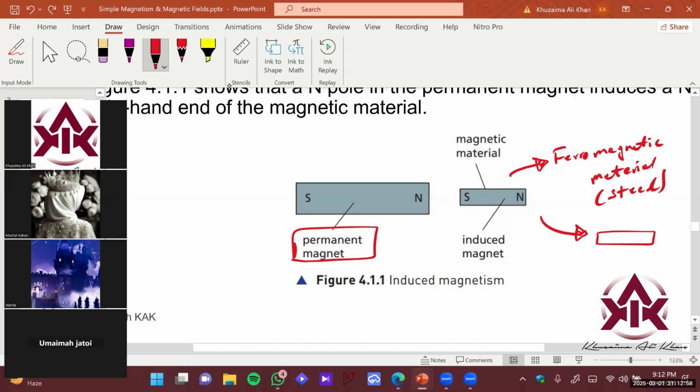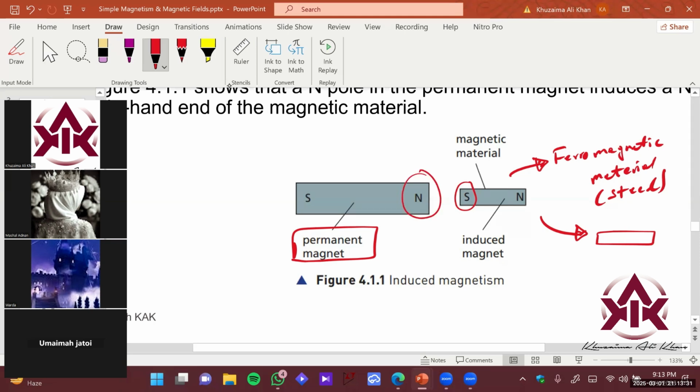If you bring in any unmagnetized material which has no poles induced on it, the internal structure of this material would arrange itself in such a way that it leads towards attraction between these two, right? You know the rule that unlike poles attract each other. Therefore if you have a north pole on the magnet which is inducing magnetism on the other, it would induce a south pole towards the north pole of itself.